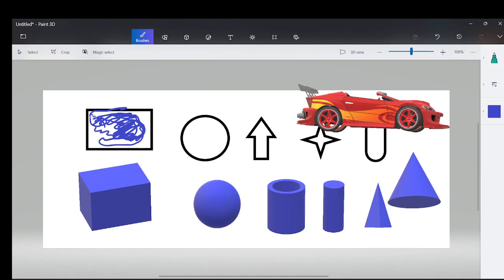So we can say perimeter is the total length of any article at the outer side, the outer boundary. Clear? This is a circle, measure the outer side around the boundary.